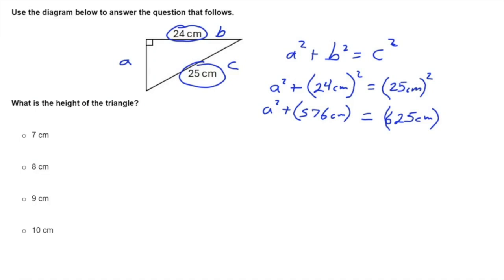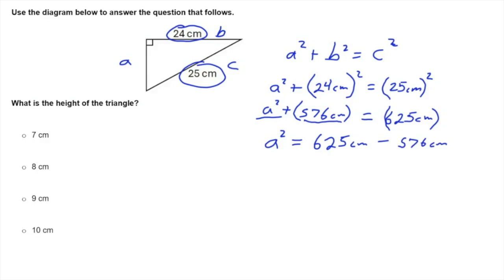All right, we're making progress. So now to isolate this A onto one side of the equation, we'll say A squared equals 625 centimeters squared minus, we're going to bring this over to this side, 576 centimeters squared. So now we've got this A squared all by itself.